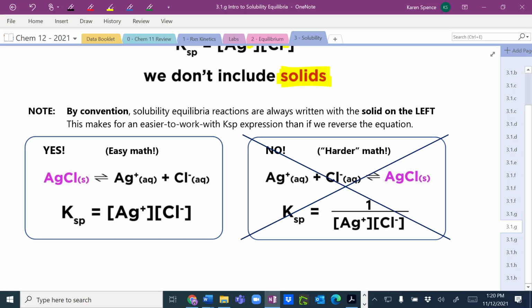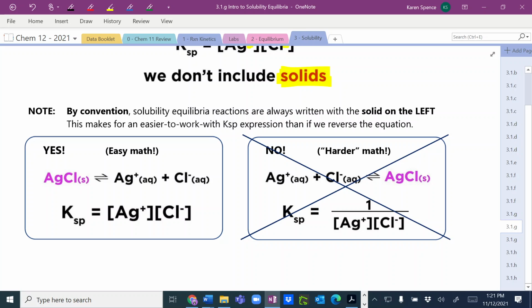It just makes the math a little bit more complicated. It doesn't look quite as tidy. It's not quite as easy. So by convention, they said, let's make them all go the same way. So when we have KSP values, we can actually compare them with one another. If you look on page 5 of your data booklet, you will see a whole bunch of KSP values. Yes?